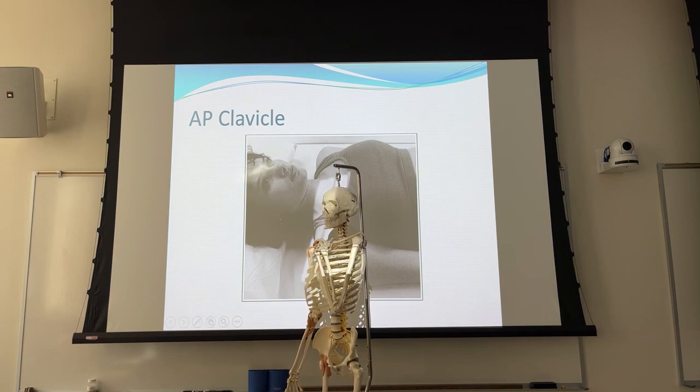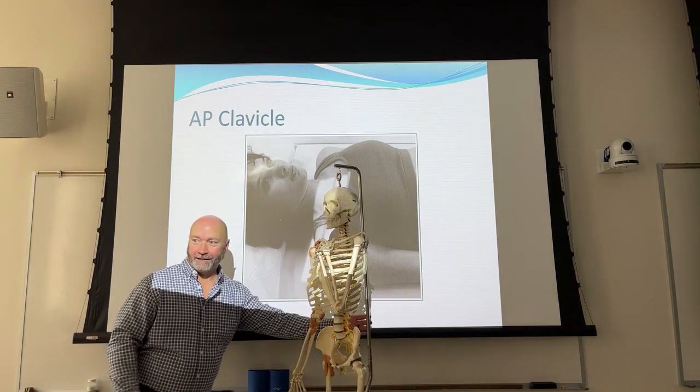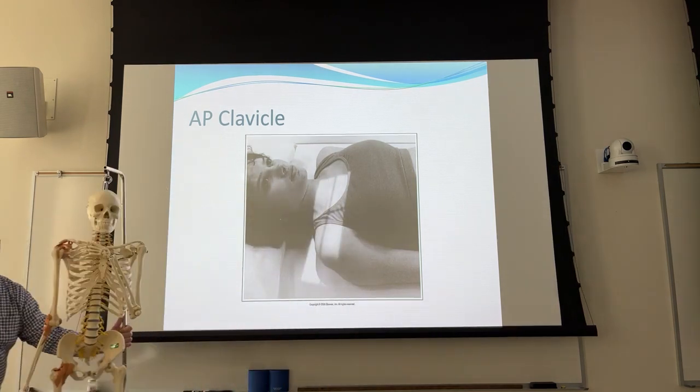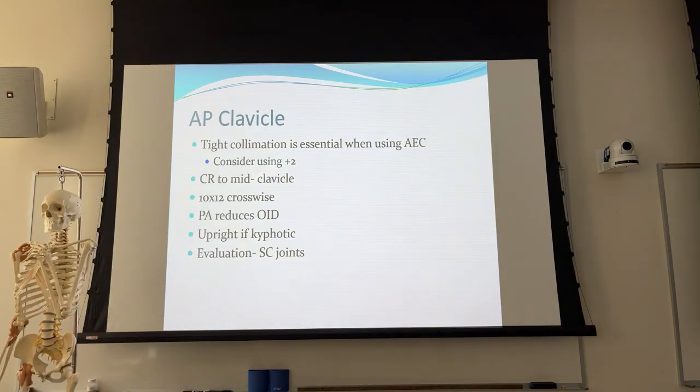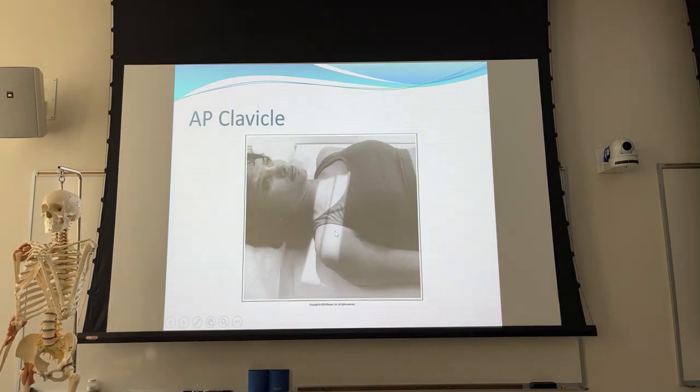So notice, even though it said 10 by 12, that's clearly not 10 by 12. Your clavicle, for the most part, stands out, so you can see exactly what you need to collimate down to. You can turn your collimator housing. Y'all can't see that, can you? You can turn your collimator housing a little bit, just to make it look even a little bit better, like so.